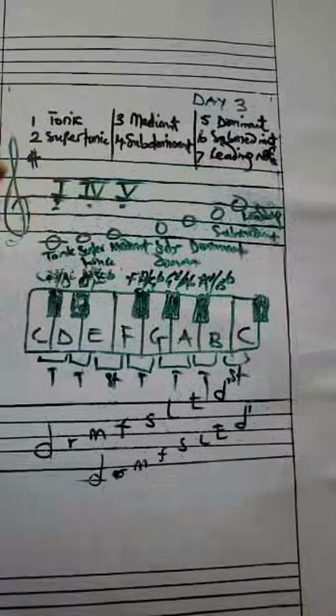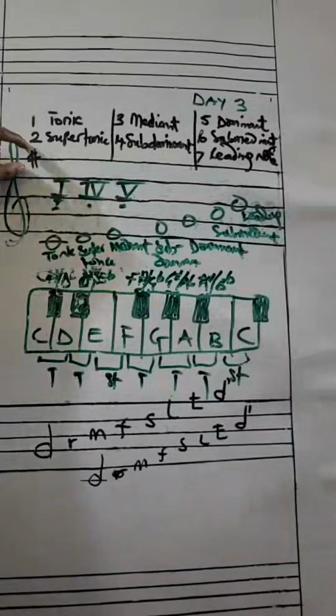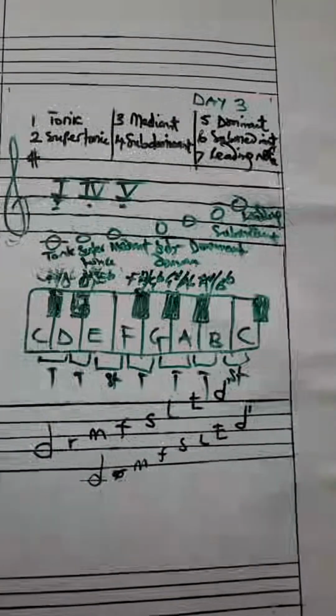Now, how do we get this tonic and dominant? A key signature is a set of sharps or flats that are at the beginning of a staff, like this sharp that is placed here. They are placed at the beginning of the staff, immediately after the clef.